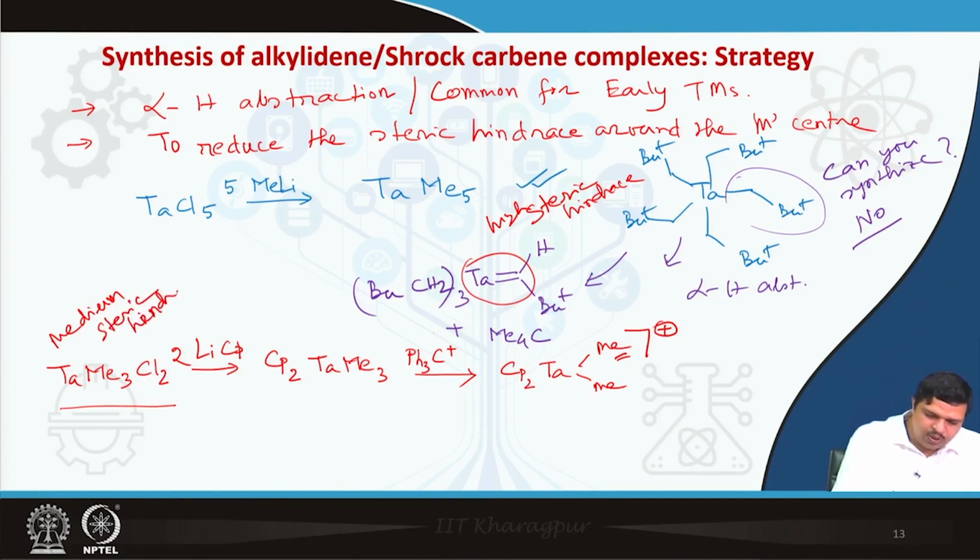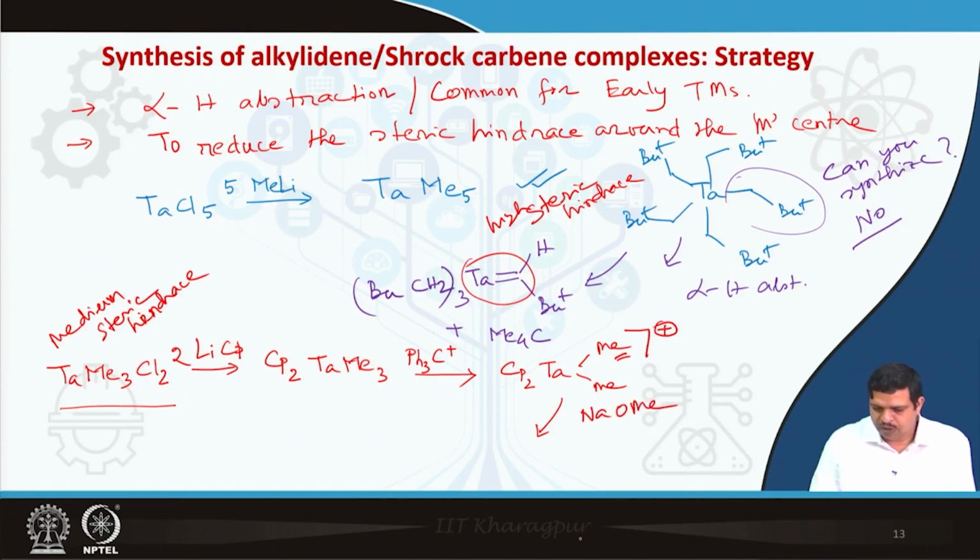So we are increasing the acidity of the methyl hydrogen by putting cationic charge on the tantalum center. Then in presence of a strong base, for example sodium methoxide, it will form this one, Cp2 Ta CH2 and the methyl.